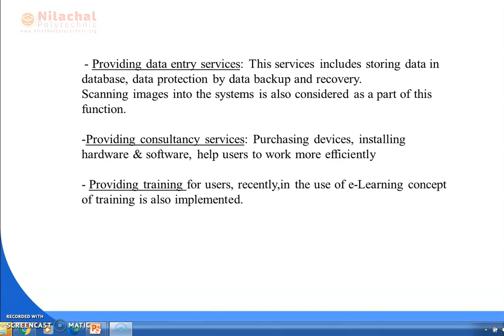Providing training for users includes how to implement the upgraded software and how to implement the new hardware components. All in all, how to develop the system. Experts give training for the system development services. Recently we use e-learning concepts for the training and for the implementation of those services. So these were the services provided by a computer to an organization.